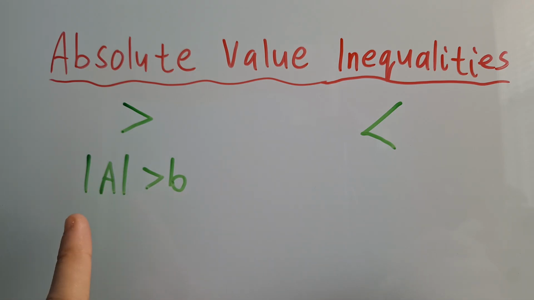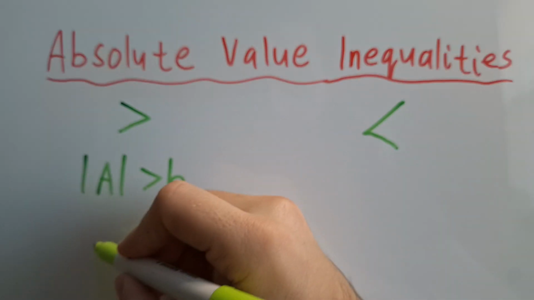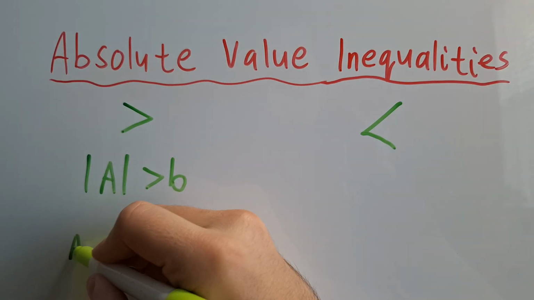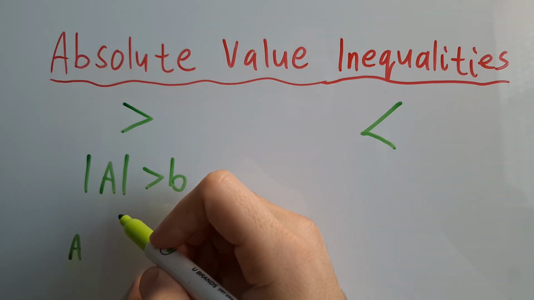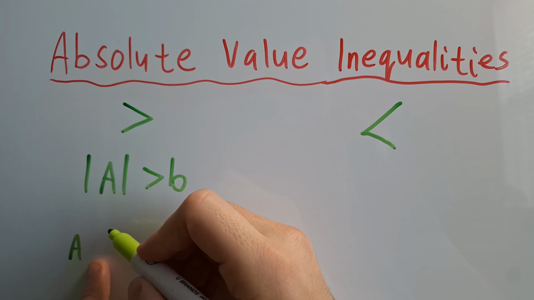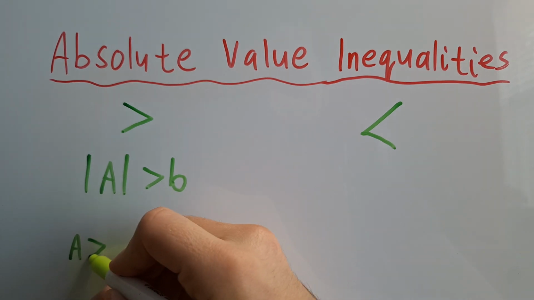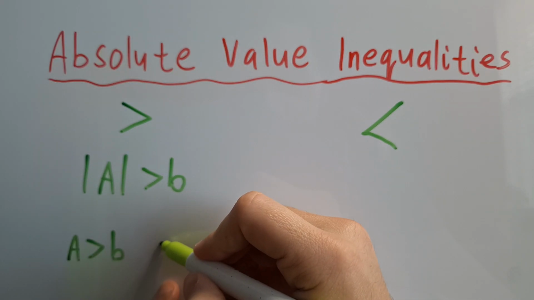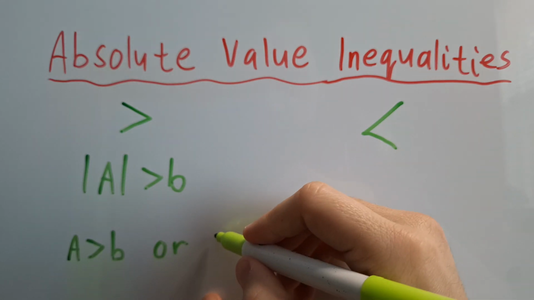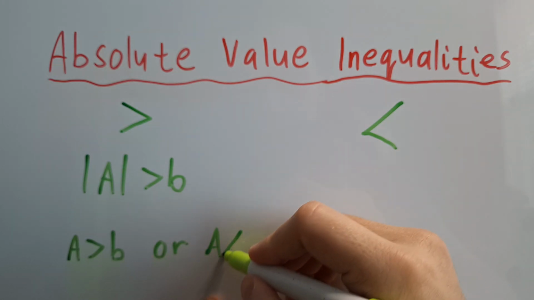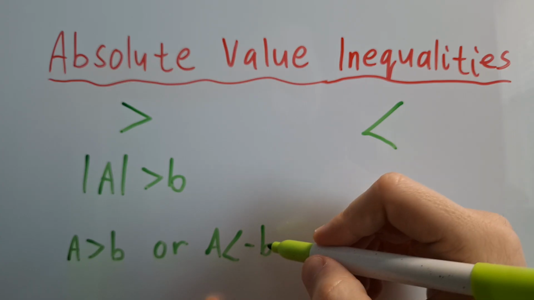What we're going to have is two inequalities. It's going to be a little bit similar to what we were doing in the last video. We're going to be solving for two inequalities. But this is what's different.